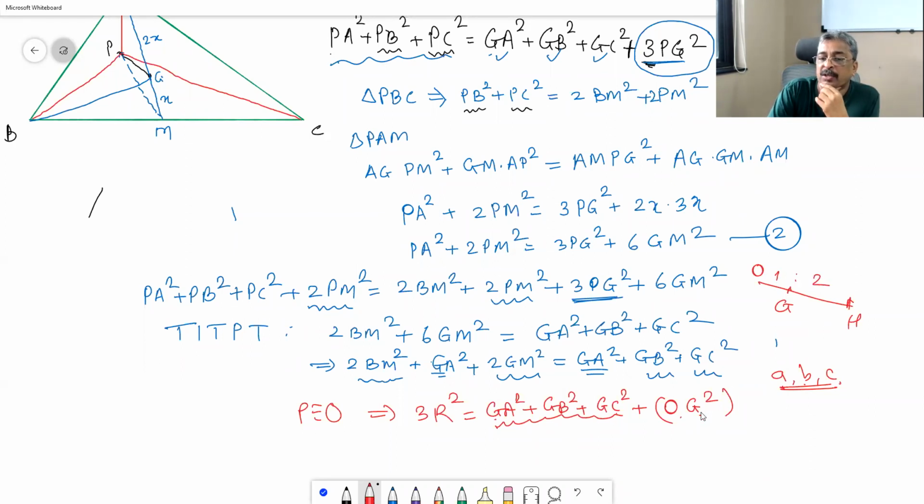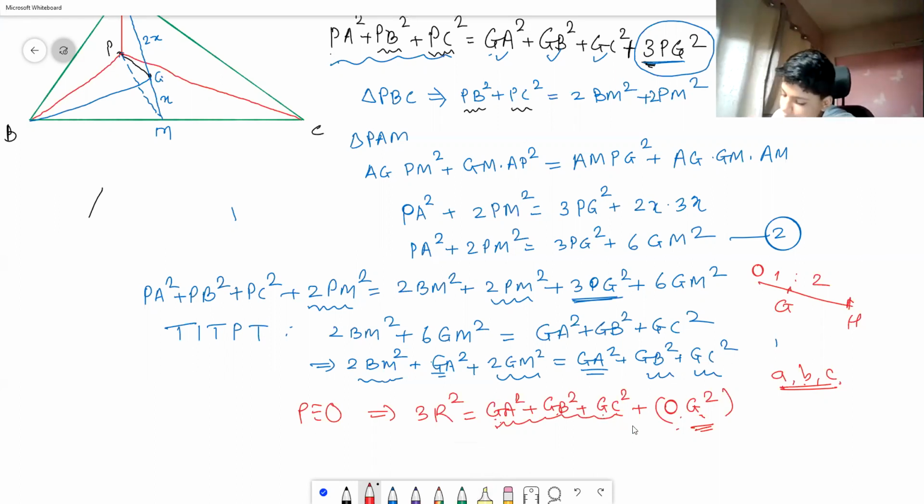No worry here, but you need to convert GA square plus GB square plus GC square in terms of a, b, c, and you have to apply Apollonius theorem a couple of times.